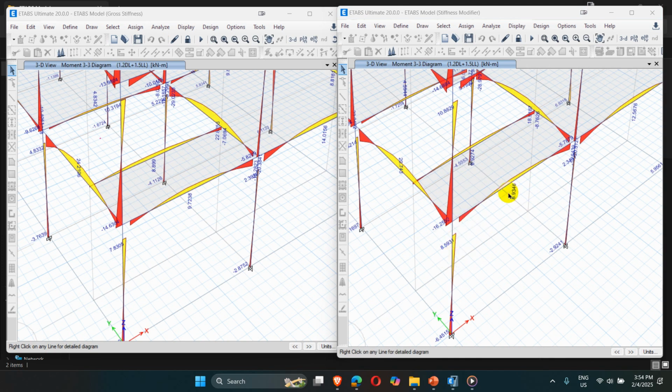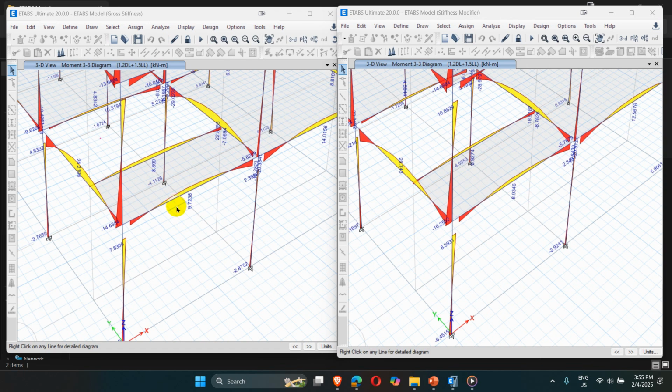Here, the moment is 8.934 kilonewton meter in the case of with stiffness modifier, but in the case of gross stiffness, the moment is 9.72, which means it has high stiffness value as compared to this value, and it attracts more moment.